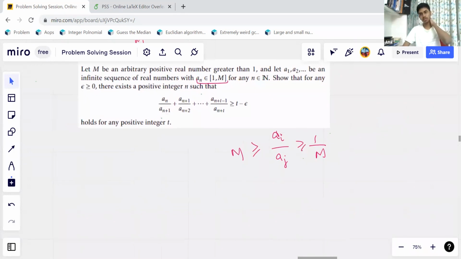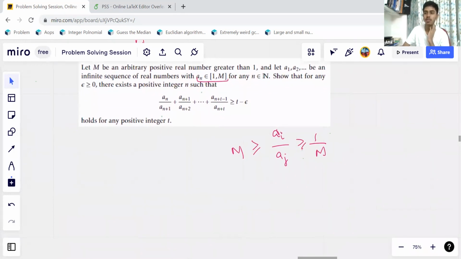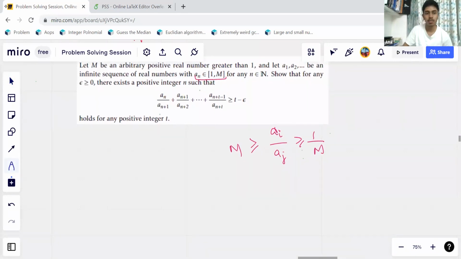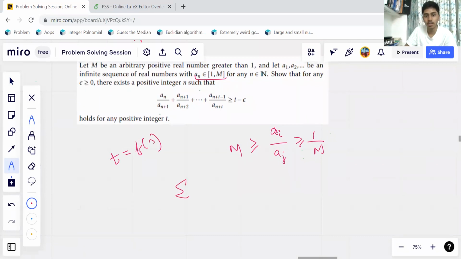So I don't see how to just find such an n. So we'll assume that for every n there is some t, like f of n, such that the summation of a_i over a_{i+1} from i equals n all the way till n plus f of n minus 2 is always strictly less than t minus epsilon.